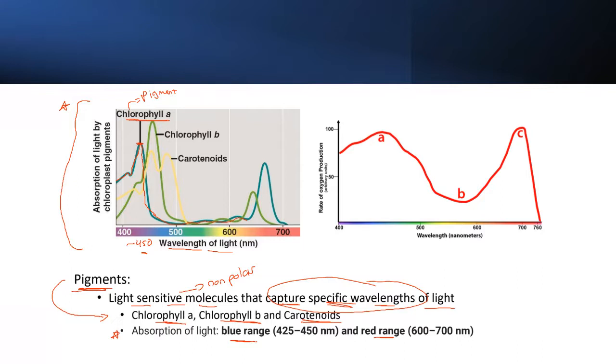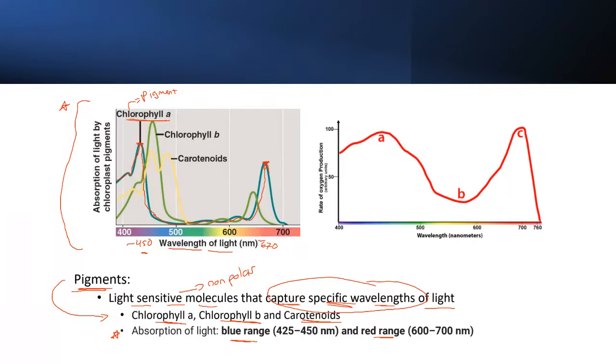But what happens at this part? Suddenly chlorophyll A becomes really, really good at also absorbing wavelengths of around, let's say, 670 maybe. I'm just approximating.